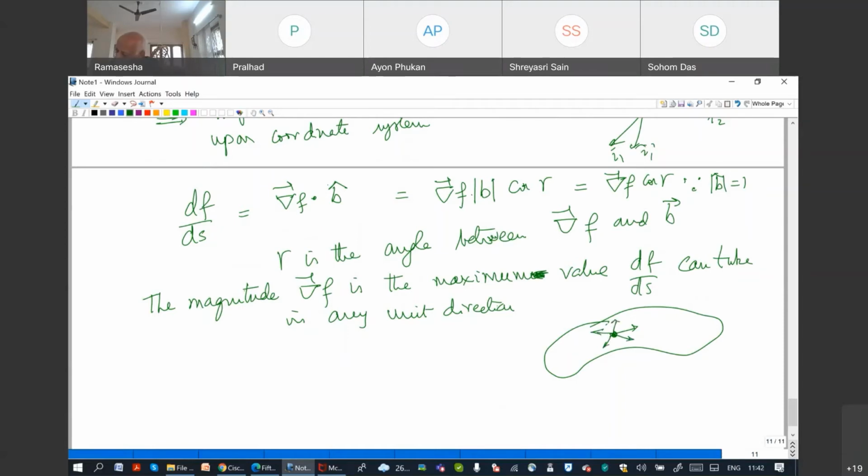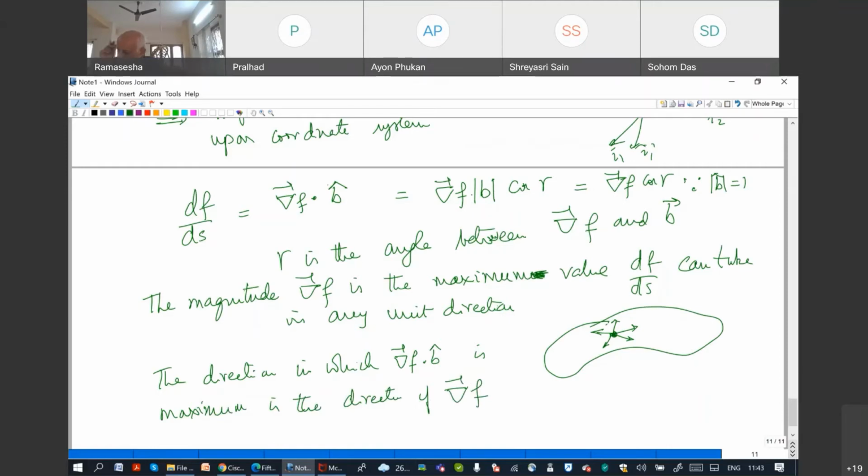The direction in which grad f dot b is maximum is the direction of grad f, because cos gamma is going to be 1 when b is along grad f. Any questions?